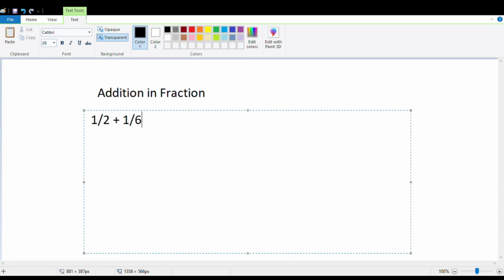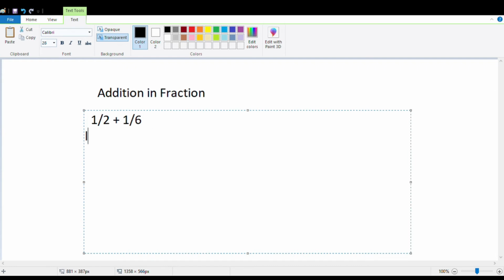So before we go adding the numerators, we have to see whether the denominators are in the same table. If they are, then we find the LCM of the denominators.